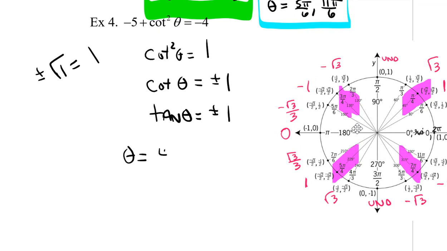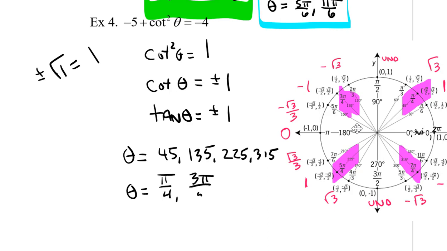These are all 4 in the 45 degree family: 45 degrees, 135 degrees, 225 degrees, and lastly 315. Those are all of our answers in degrees. And then in radians, that'd be pi over 4, 3 pi over 4, 5 pi over 4, and lastly 7 pi over 4.